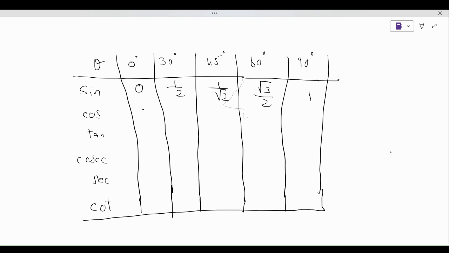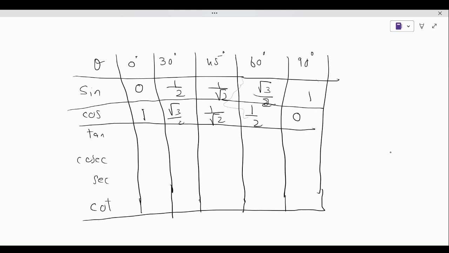So this will become 1, root 3 by 2, 1 by root 2, 1 by 2, and 0. See, I have started from 90 and I have gone to 0. Instead of going from this, I have written the reverse.